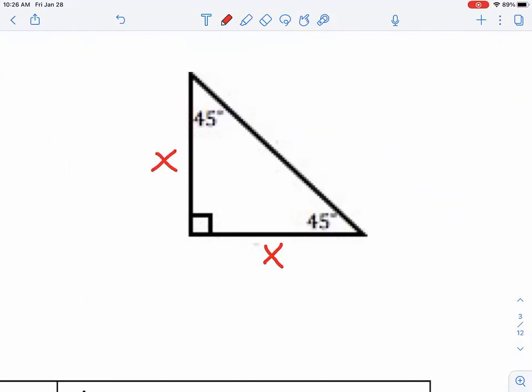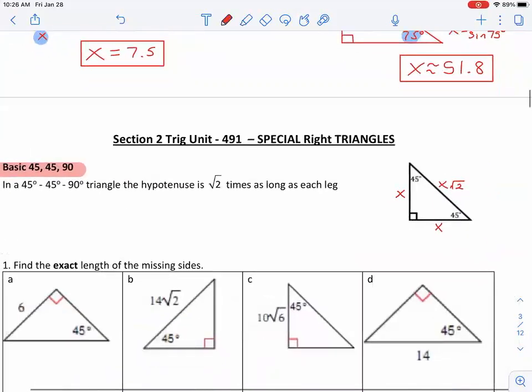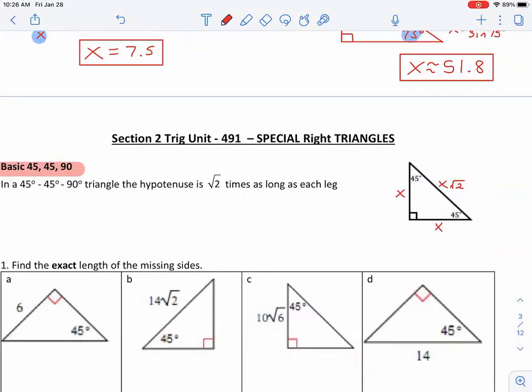And if we did a little Pythagorean theorem work, our hypotenuse will always come out to be that number x times the square root of 2. And so for a 45, 45, 90 triangle, we have x and x and x square root of 2. And that saves us time. So if we have one of those sides, we could find the other ones very quickly by using that little formula.